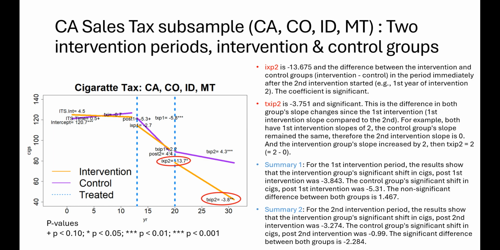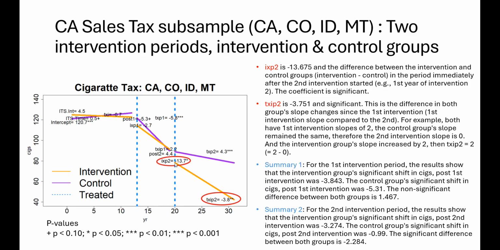And then when we look at where that orange line ends in that middle period, we see that it's about where the control group's at, but the intervention after that second intervention takes a big drop. And so that's about, I guess, maybe 14 points.